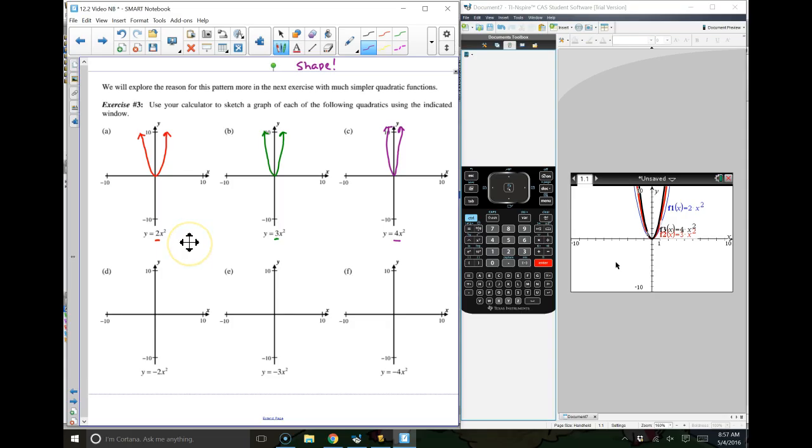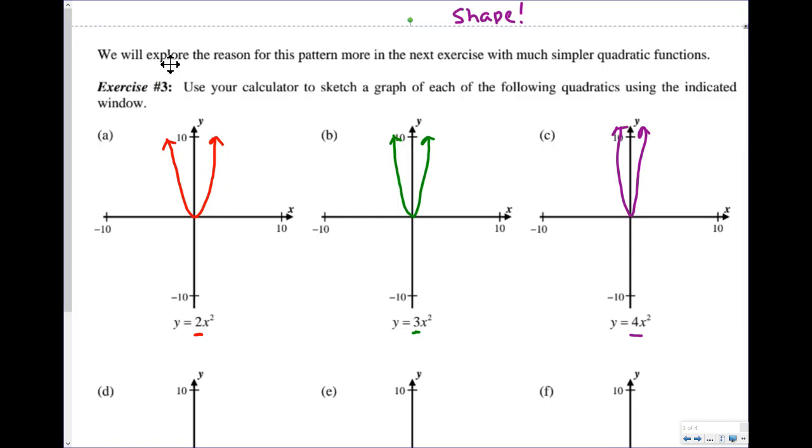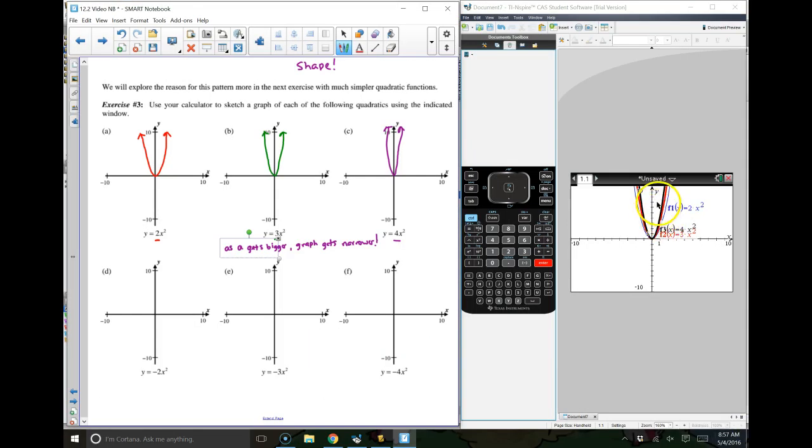Okay, so to sum this up a little bit here, for A, B, and C, as A gets bigger, the graph gets narrower. Okay, really important that it's going to get skinnier and skinnier, more narrow and more narrow. All right? And you can see that really clearly in the 3 graphs overlapping each other.